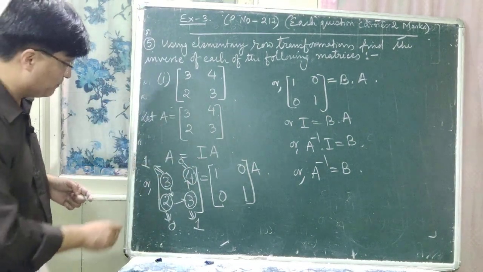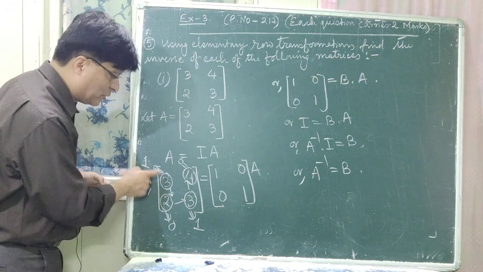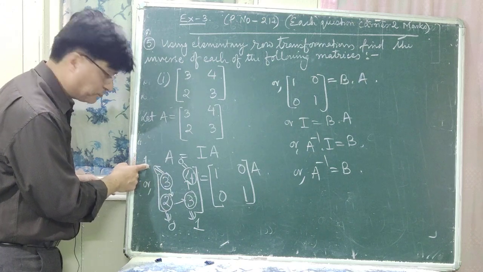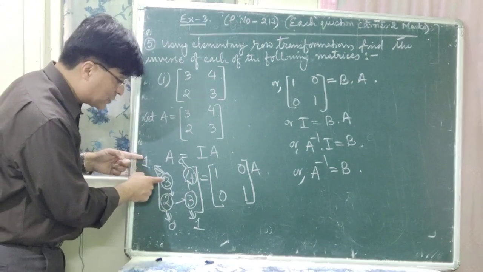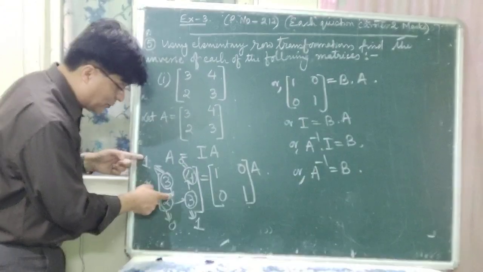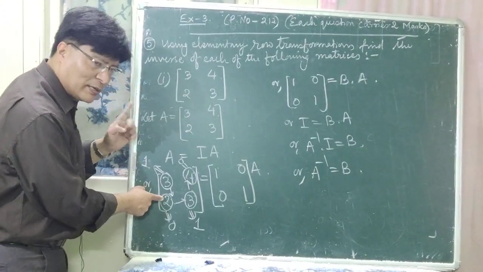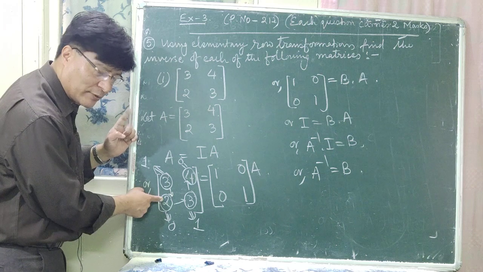So this is the method. First of all, you have to make this 3 a 1. After you make this 3 a 1, you have to make this 2 a 0 by using properties in terms of rows, right?